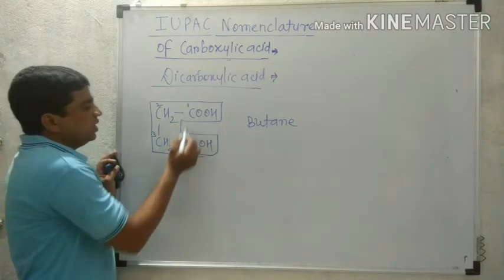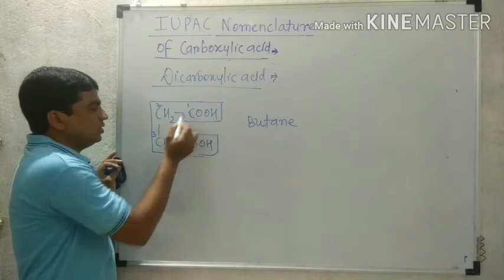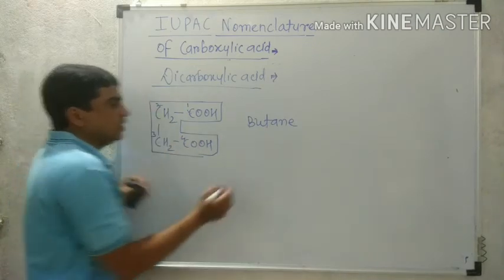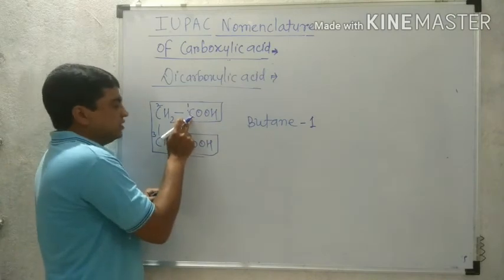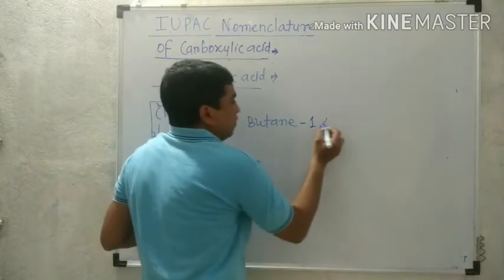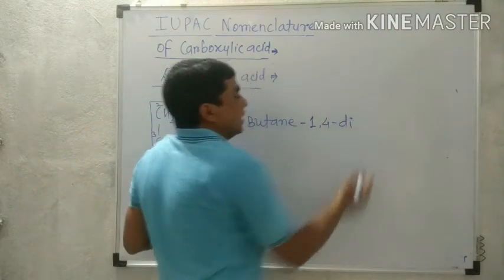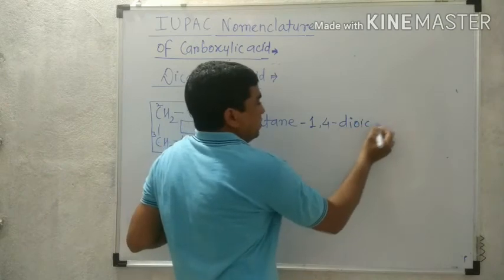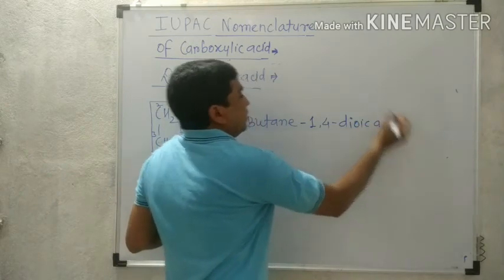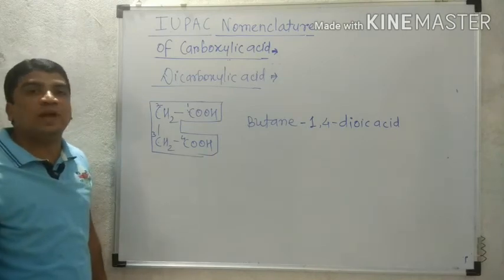Now, the COOH groups are present at the first and fourth carbon, therefore butane. How many are they? 2, di, and for COOH our term is OIC acid. So the complete name is butane-1,4-dioic acid.